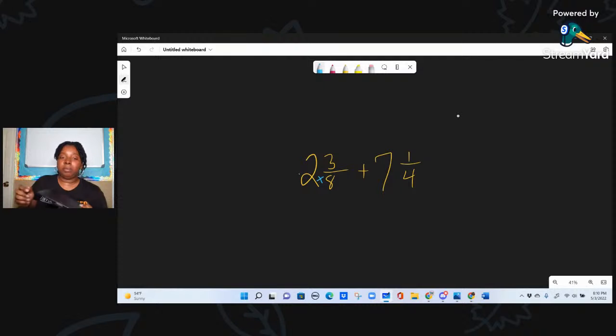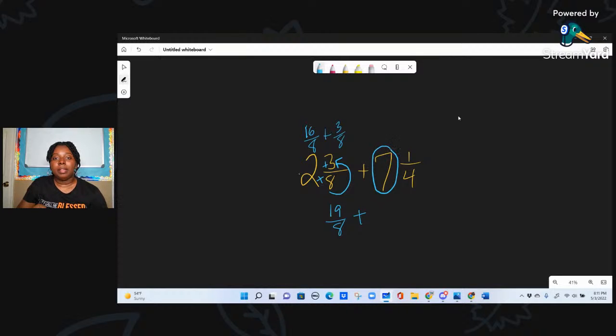That's essentially what we're doing. So you're going to do 2 times 8, which is 16, and then you're going to add 3, which is 19, okay? So we're turning that 2 again into 16 eighths, and we basically just did 16 plus 3 eighths, which is 19 eighths.